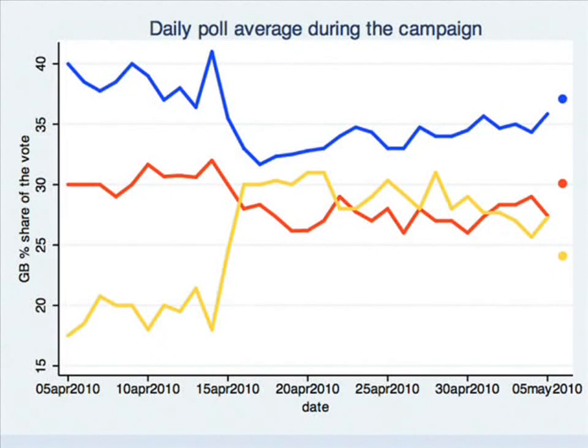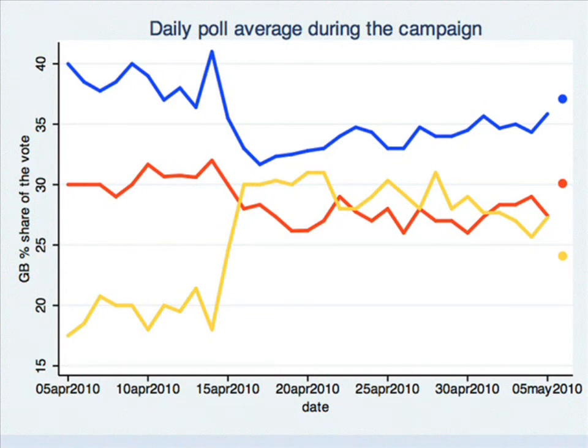Now, the first debate really introduced Nick Clegg, the Liberal Democrat leader, to a lot of people who might not have known who he was before, and he seemed to do very well and clearly impressed people. Liberal Democrat support went up in the polls by about 10 points almost overnight.